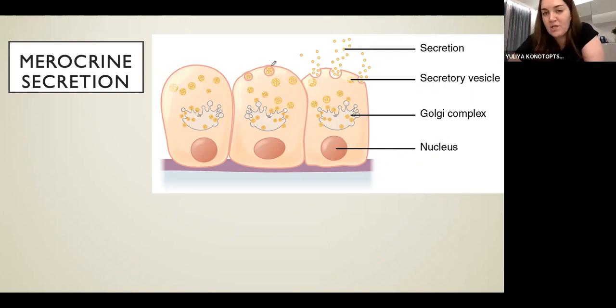You put your product into a vesicle. This vesicle fuses with the plasma membrane and then releases whatever was inside the vesicle. All of your salivary glands secrete this way. Their type of secretion is merocrine, all of them. Doesn't matter which salivary gland you're talking about, if they ask you the type of secretion, it is merocrine.